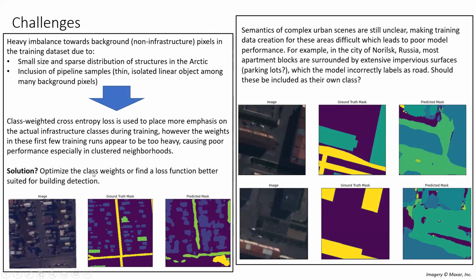So I think we have maybe some Russians in the audience that could provide some insight on this. If we want to map large cities like Norilsk, large urban centers in Russia, is it important to also know the extent of the impervious cover on its own?